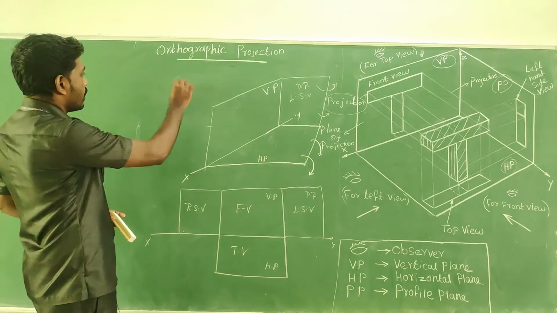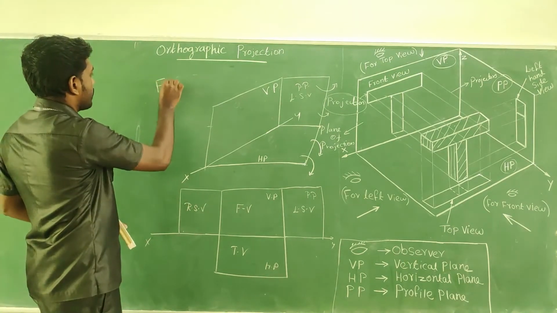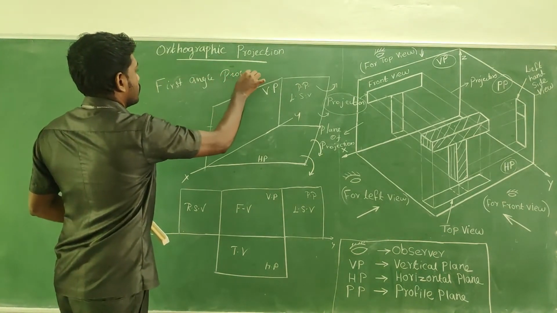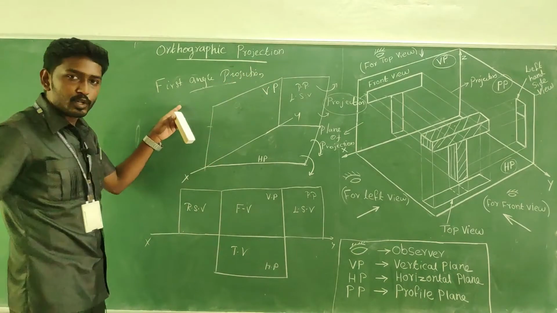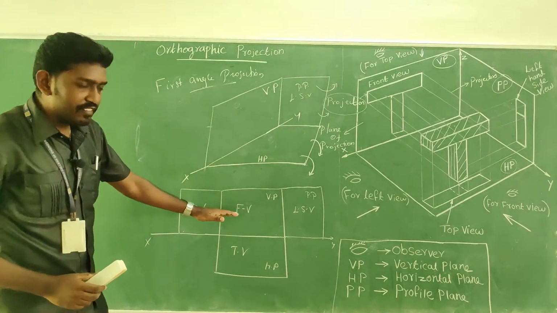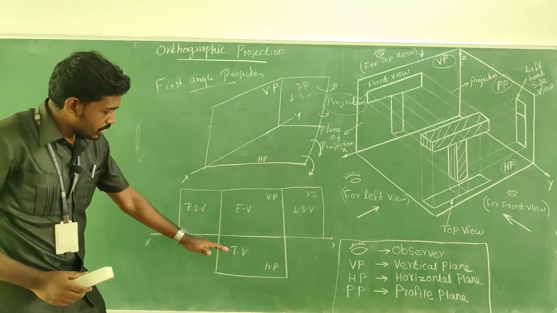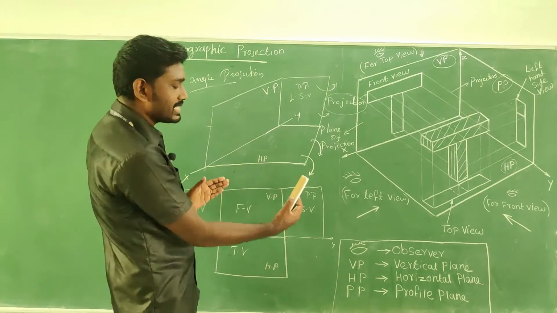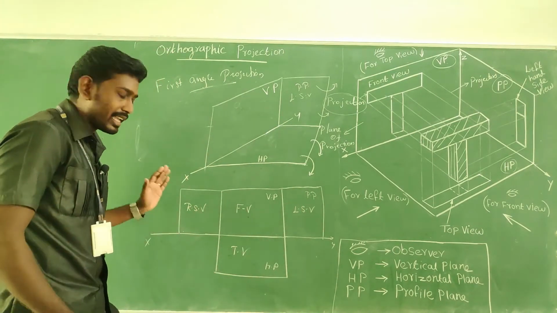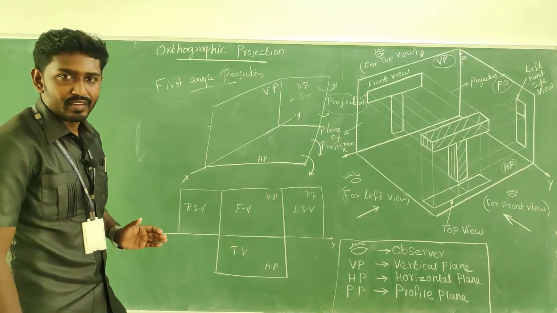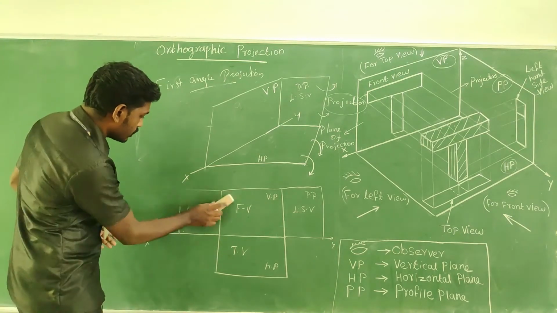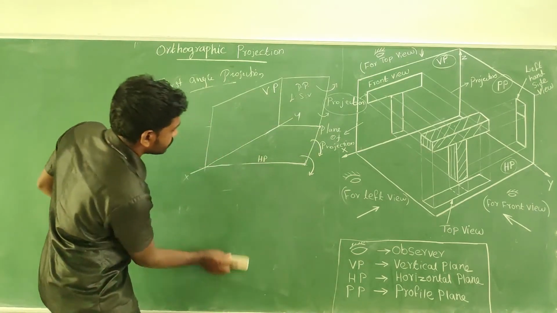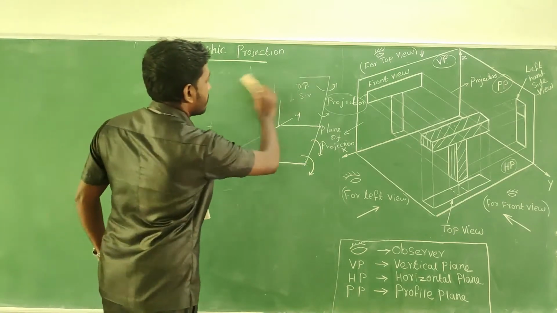So remember it as per the first angle projection. Always the front view is captured above the reference line, the top view is captured below the reference line, the left side view is captured on the right side of the front view, and the right side view is captured on the left side of the front view, right? So here I will show how to capture the drawing as per the first angle projection, right?